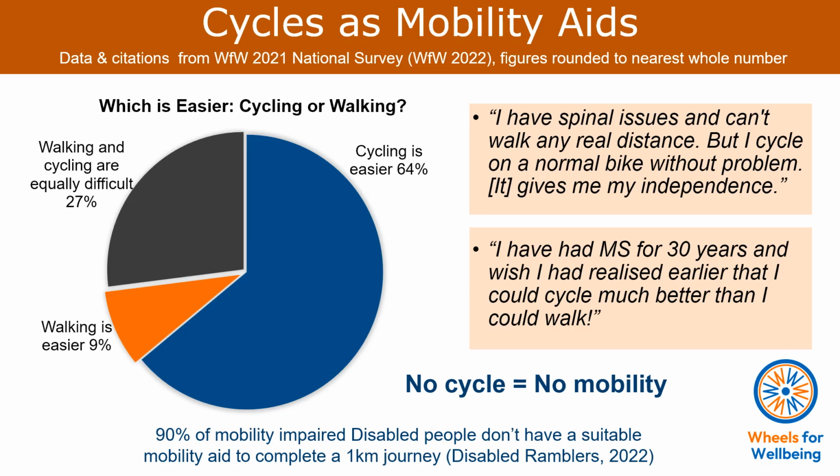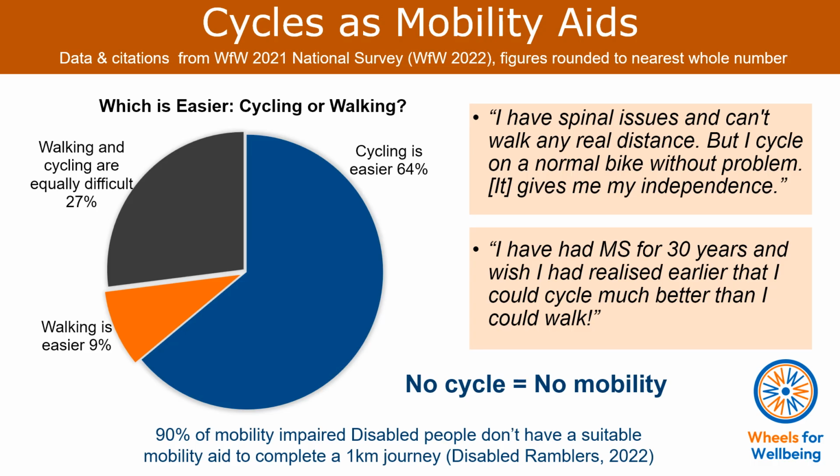So 1 kilometre, that's obviously not only access to all your essential local amenities such as shops, post office, GP, but that's also access to your public transit stop. So the bus stop, the train station, the tram stop, and many disabled people who are mobility impaired don't have a way of doing that. But for very many, cycling can fill that gap, even a standard two-wheel bicycle.